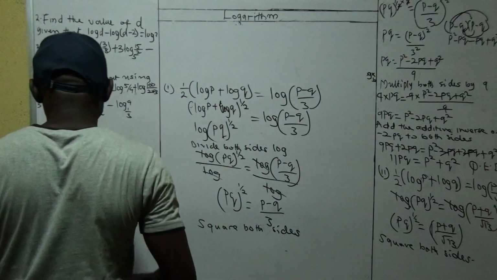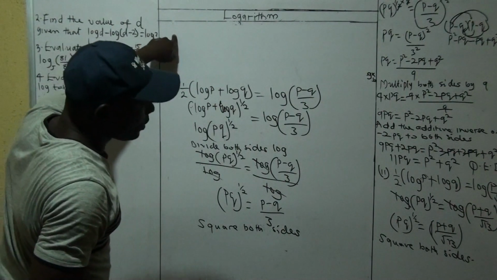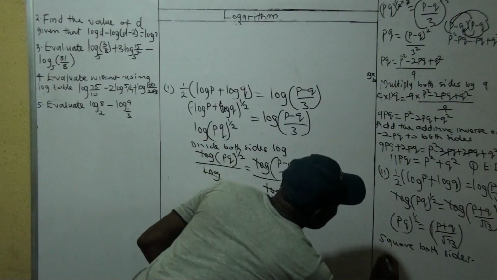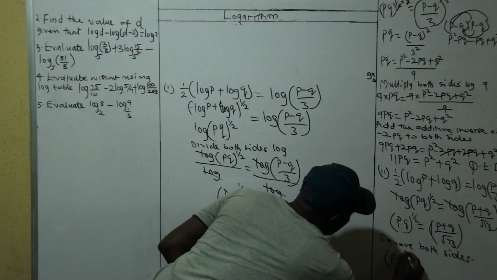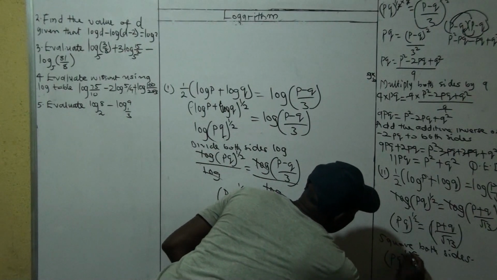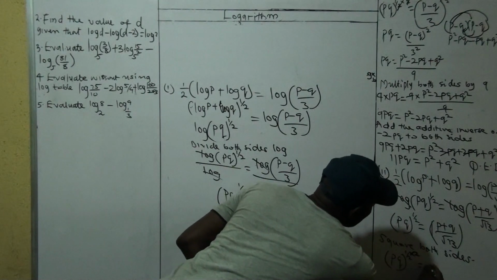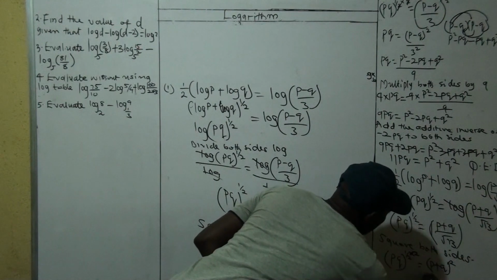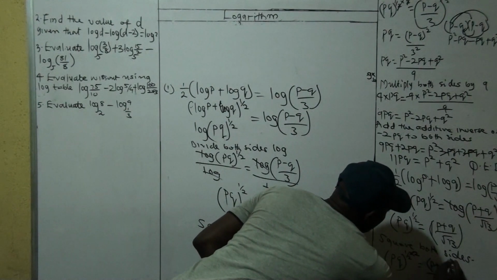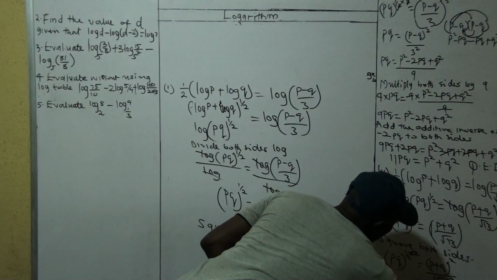If we square both sides, definitely this is what we are going to see here. pq raised to the half times 2, that is half times 2, is equal to (p plus q) all squared, all over square root of 13 all squared.